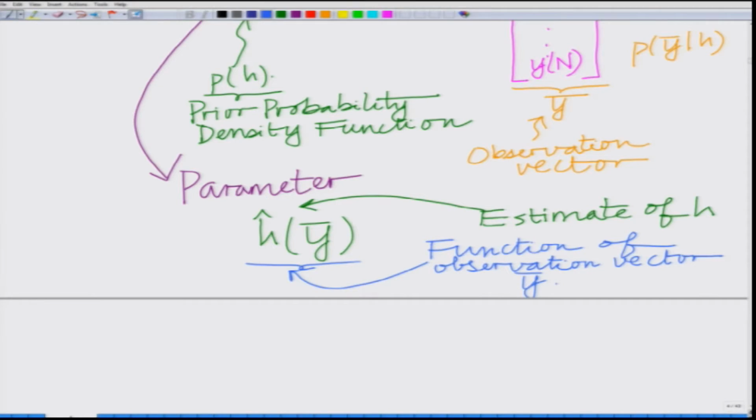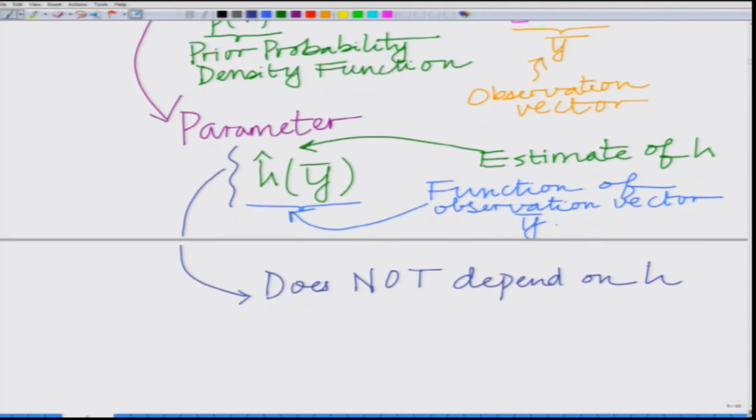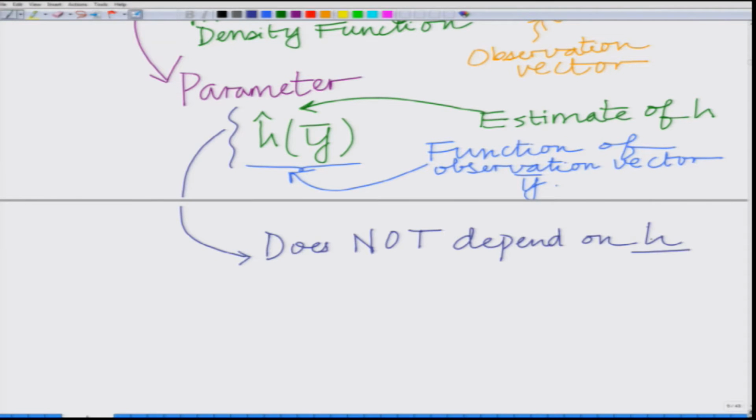So, h hat cannot depend on h, which is your unknown parameter.